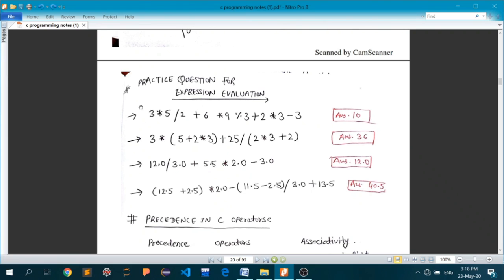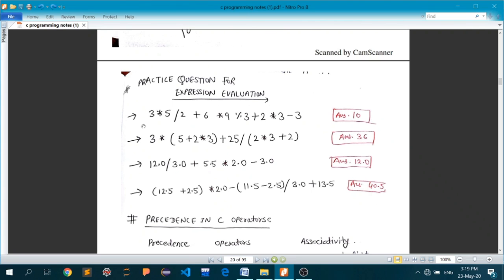Let's take the first example here. We have multiple operators used in this expression. Let me again tell you, these 3, 5, 2, 6, 9, 3, 2, 3, 3 are called operands, and these operators work on operands and try to churn out a logical or arithmetical value, called an expression.